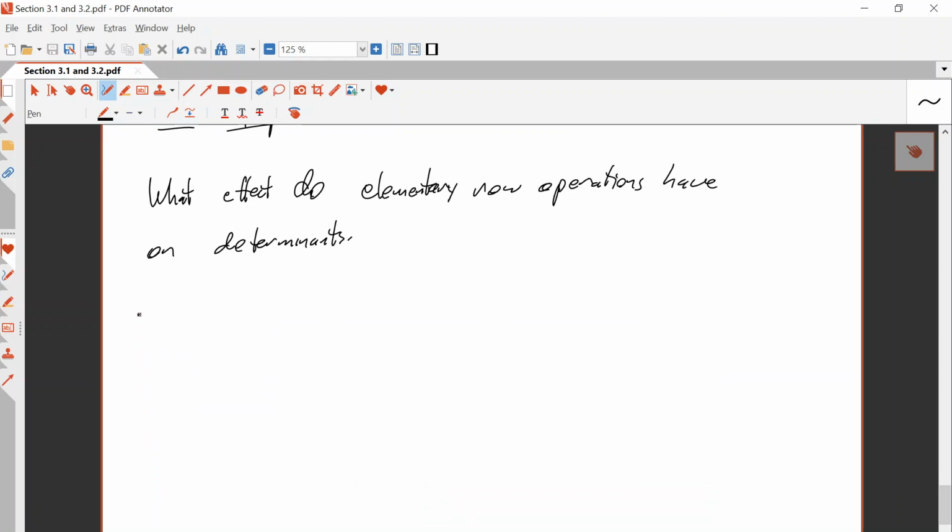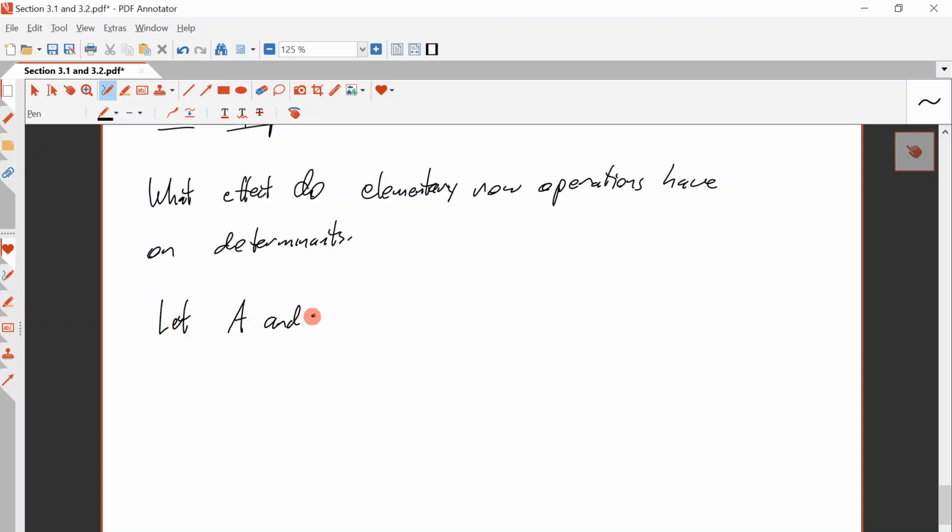Again, it's a little bit hard to prove these properties without the proper definition of what a determinant is. But we'll do our best here. We'll explain it more for 3x3 matrices, and then just sort of trust that it carries over to 4x4 and higher.